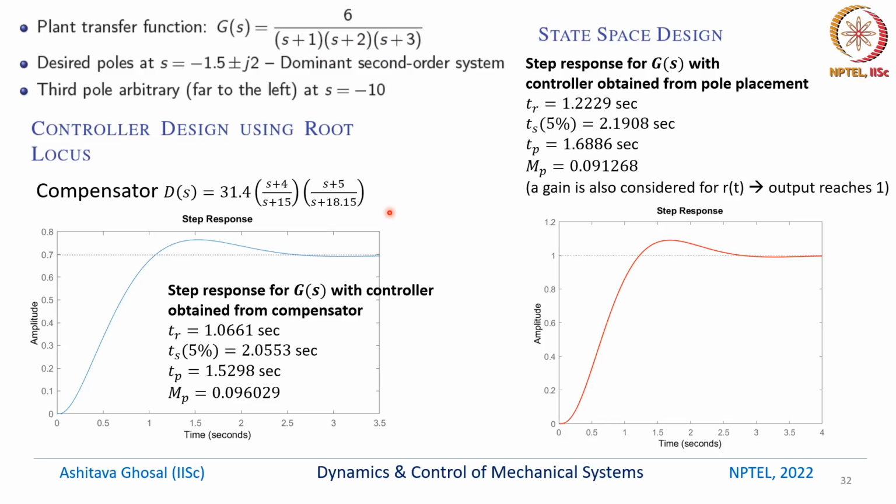There are many more steps, whereas the state space design is becoming very, very popular, and we have the control toolbox in MATLAB and various other software tools which can very quickly tell you what should be the controller gains and even estimator gains and so on. So in this example, we have used full state feedback, but we could have also continued and seen what is the effect when you have an estimator. That is not done in this example, but it can be done.